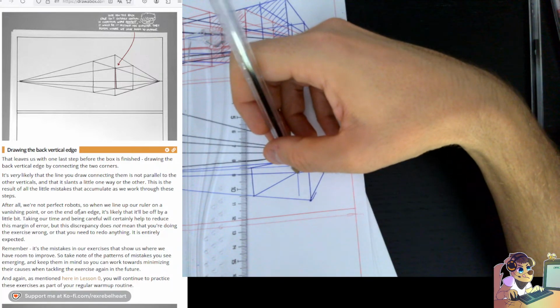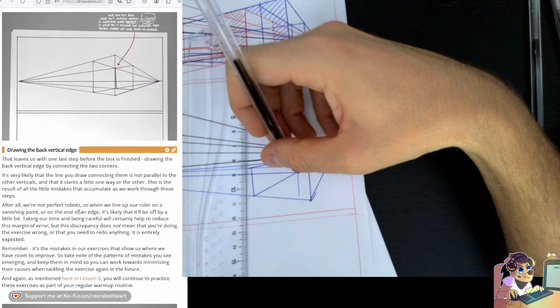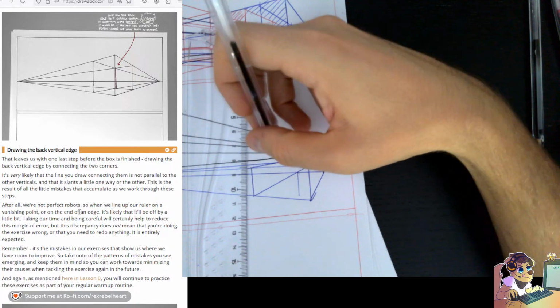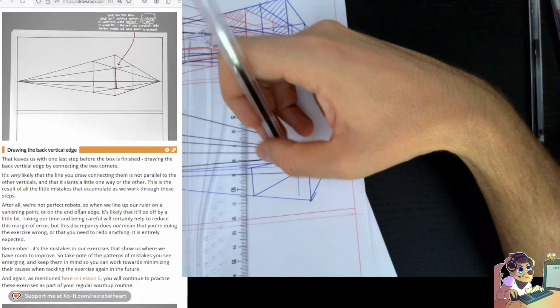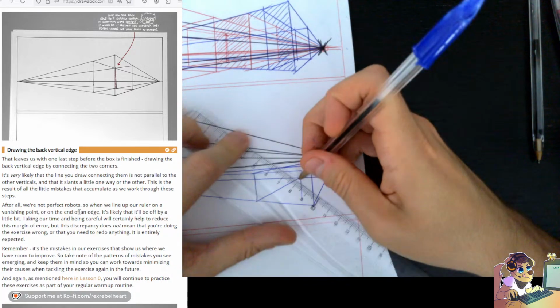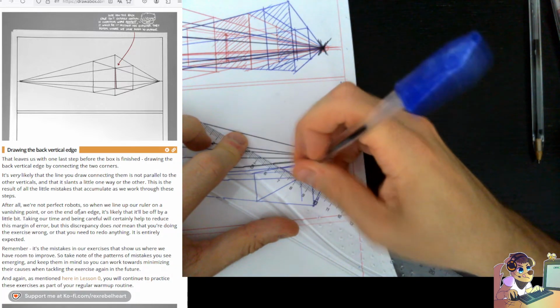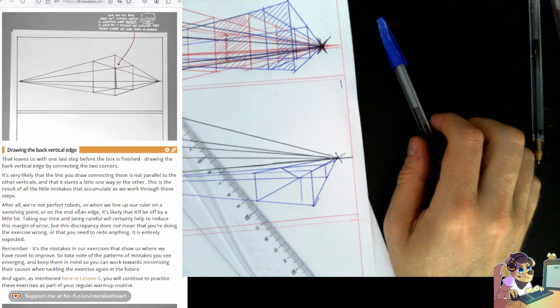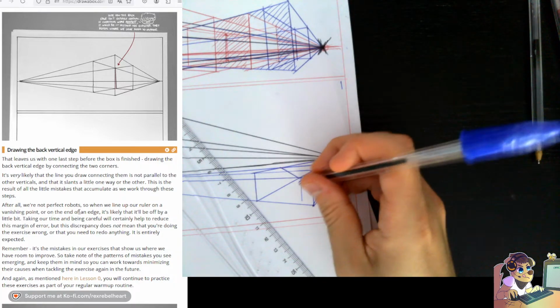Because they cross here, right? And then they also, oh my lord. No, you're being real? Oh my god, that is a catastrophe. That is an absolute catastrophe.